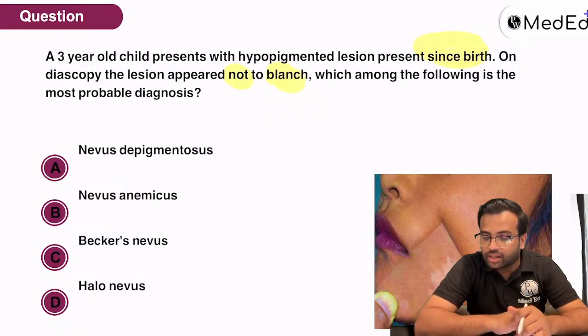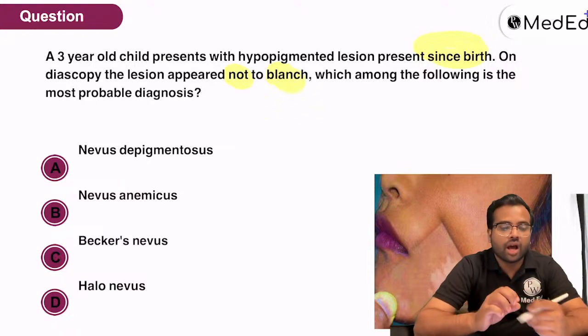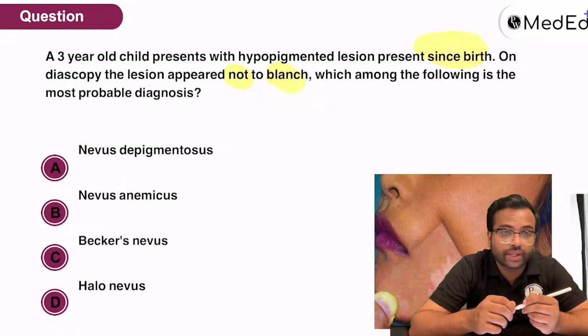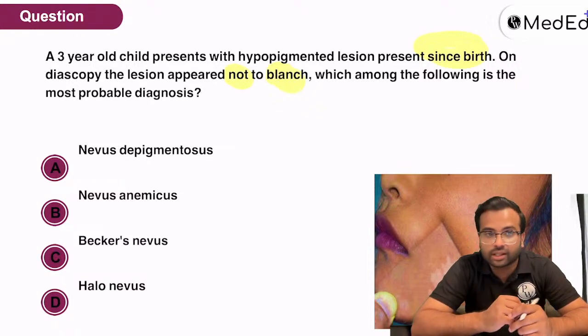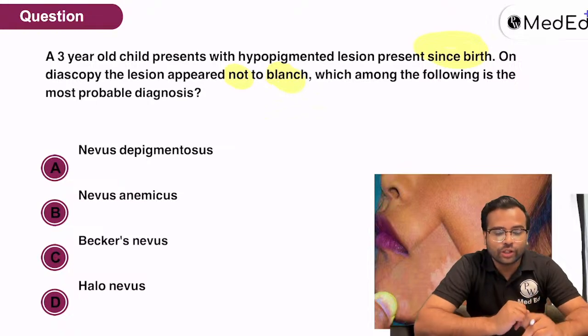Ipsita Pramanik says B, nevus anemicus. How many of you agree with that, or do you have another answer? Random Max says C. Debaki says B. Kamal says B. So now let's see this.